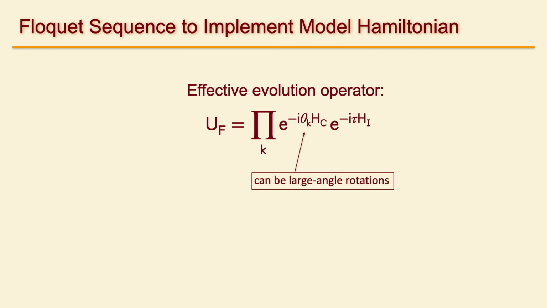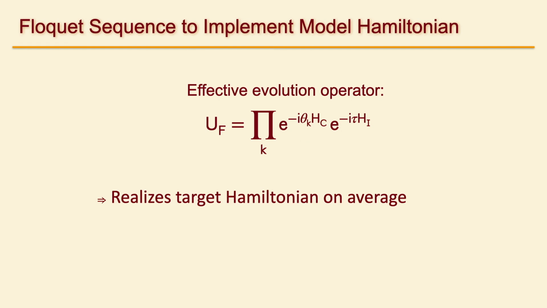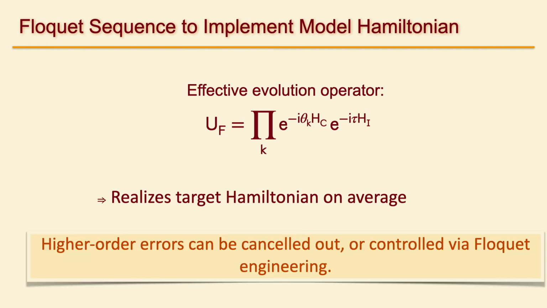This can be part of that, can be large angle rotations, but I'm not going into depth on that. And the thing is, if you do Floquet type engineering, you can either cancel out the higher orders, that is what you would need to do for the Hamiltonian that I just showed, or we can even say we want the higher orders and control them via Floquet engineering.